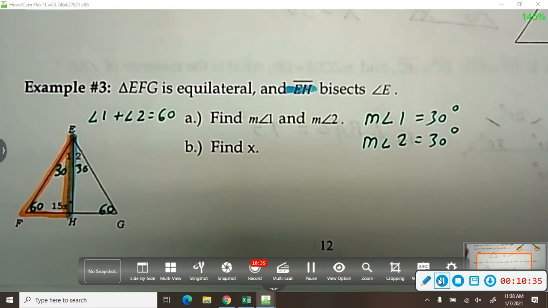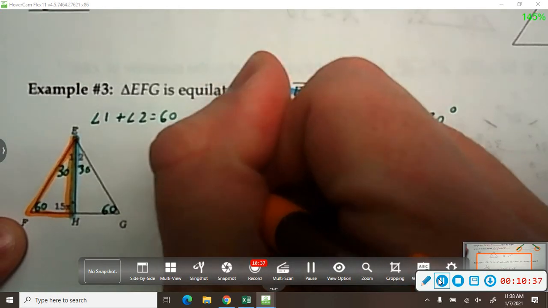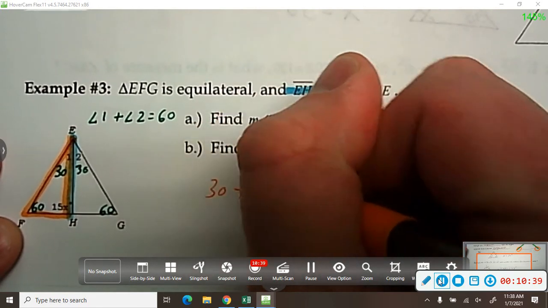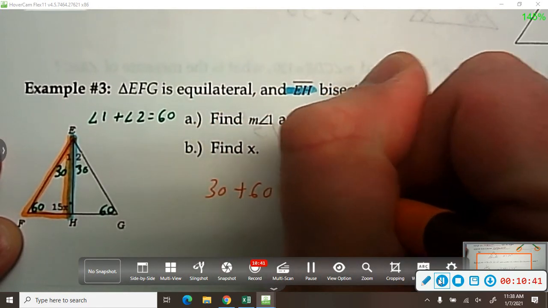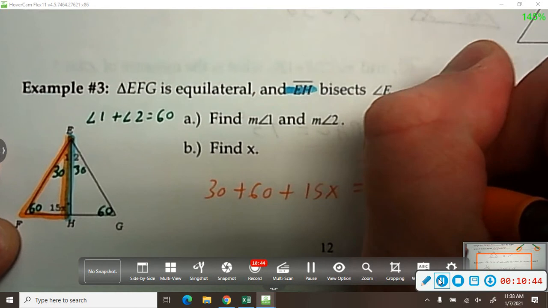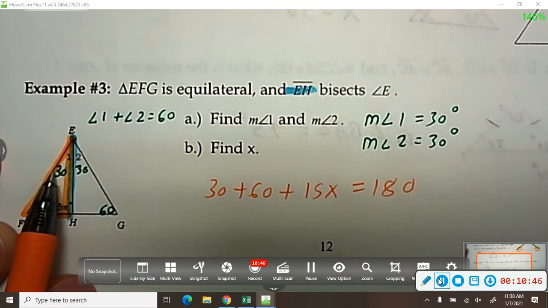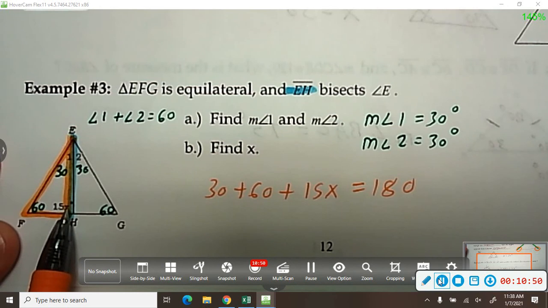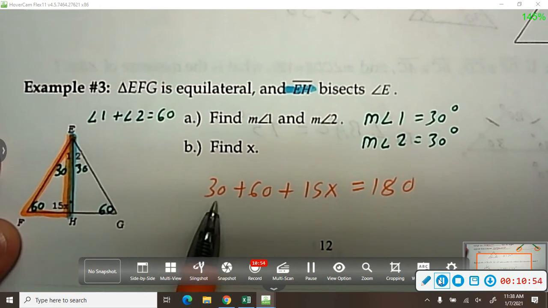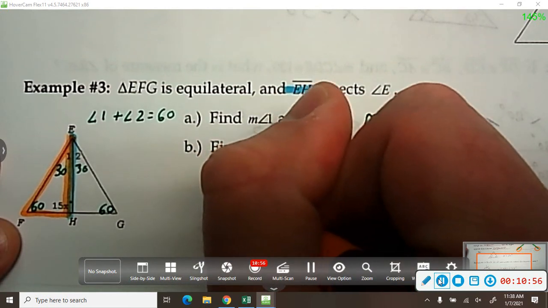So 30 plus 60 plus 15x should equal 180, since three angles in the interior of a triangle is 180. Do the math. 30 plus 60 is 90.